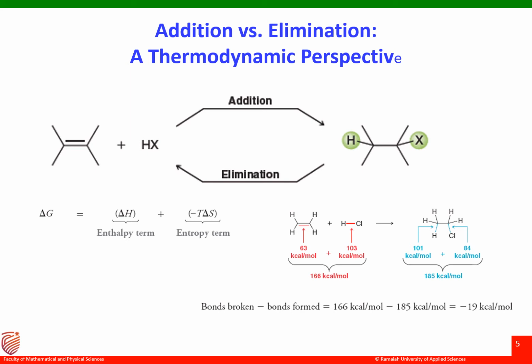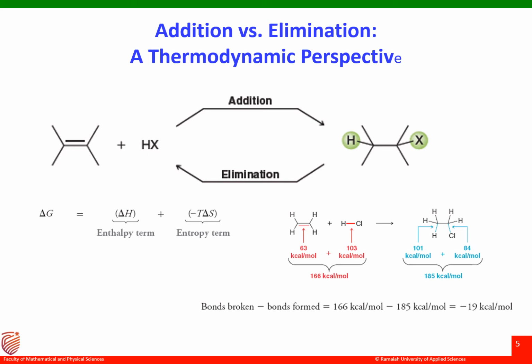Which one dominates over the other depends upon the thermodynamic perspective. The two reactions represent an equilibrium that is temperature dependent. Addition is favored at a low temperature while elimination is favored at a high temperature.